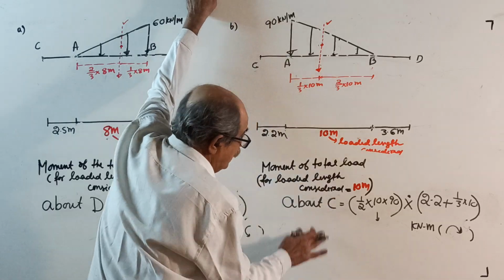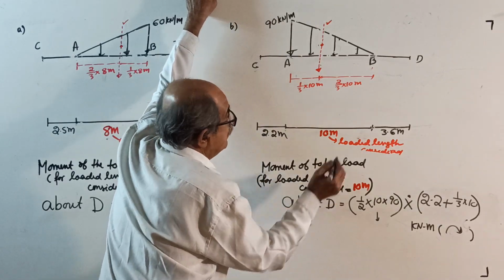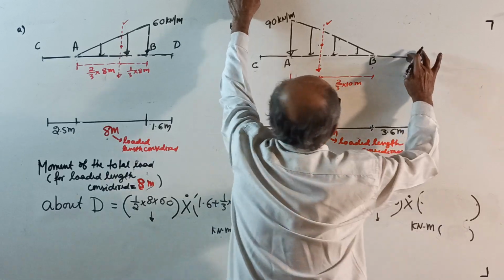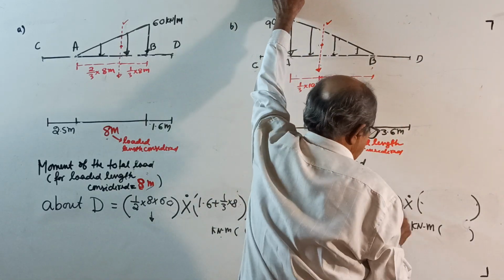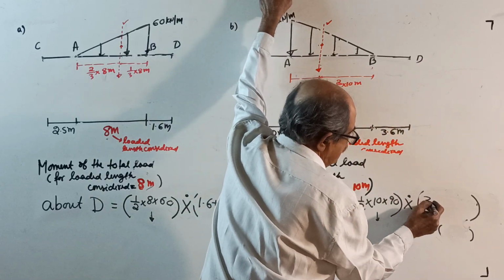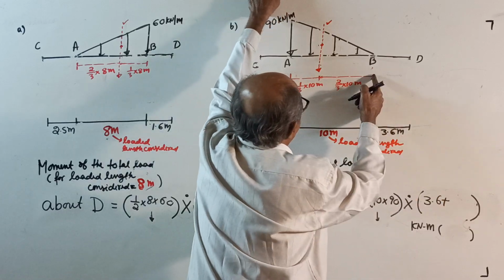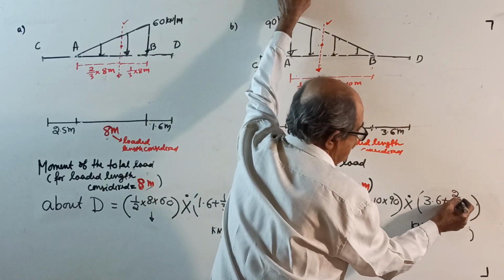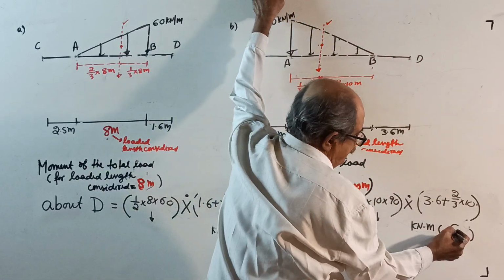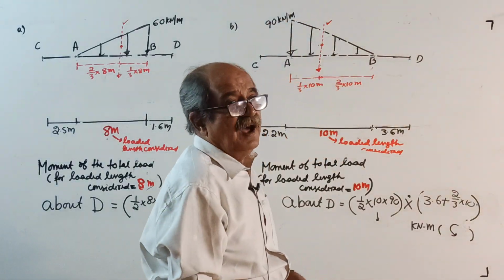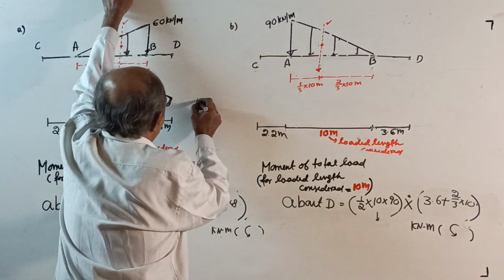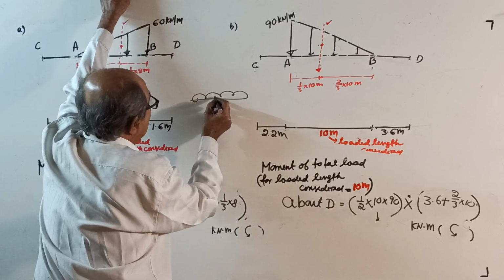Lastly write further below moment about D. Total load same into, from D, 3.6 plus 2/3 of 10. It is anti-clockwise. Over.